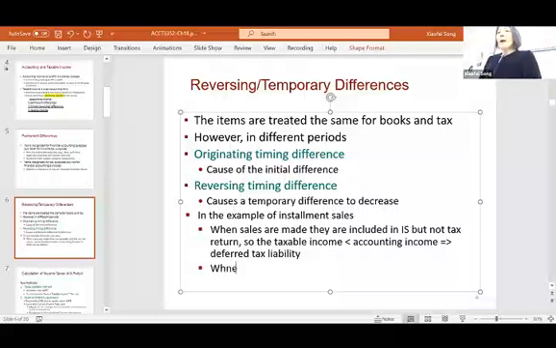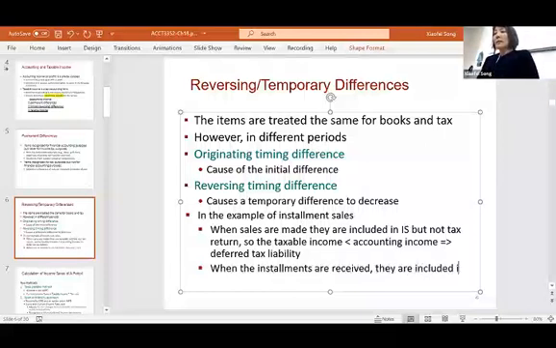So when the installments are received, they are included in the tax returns.